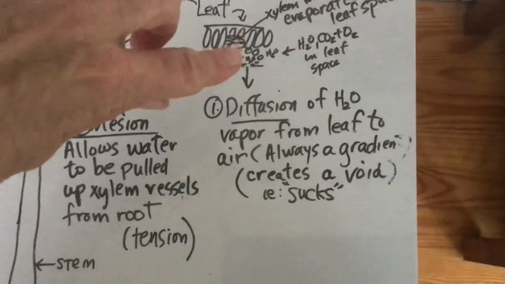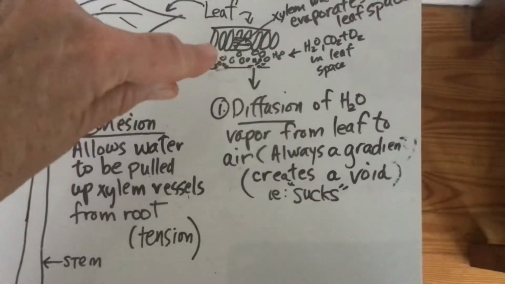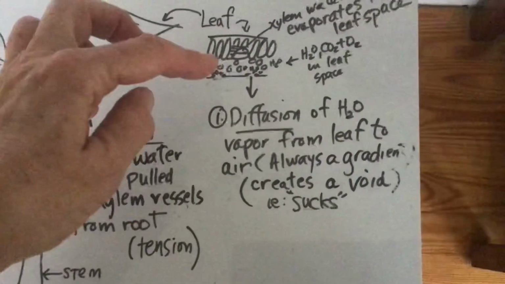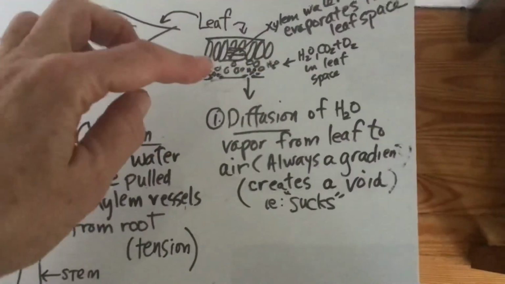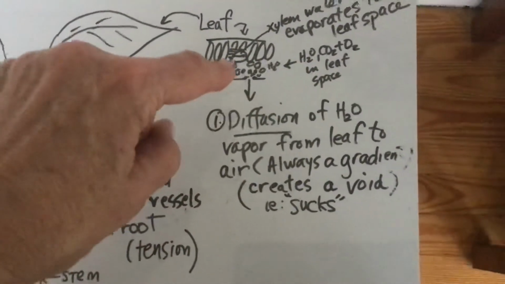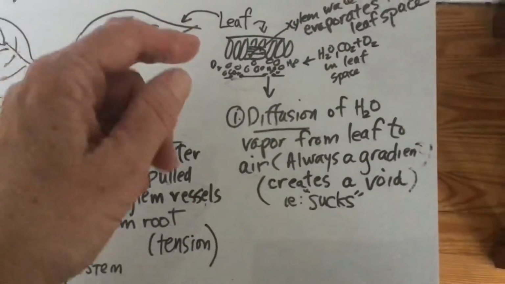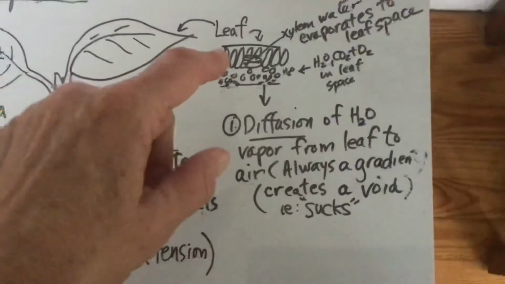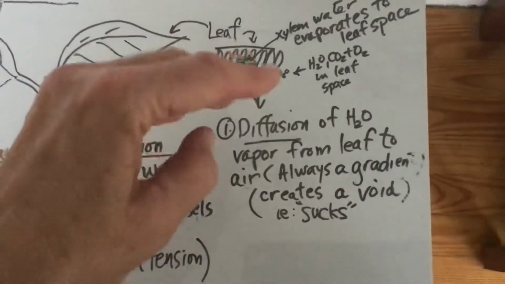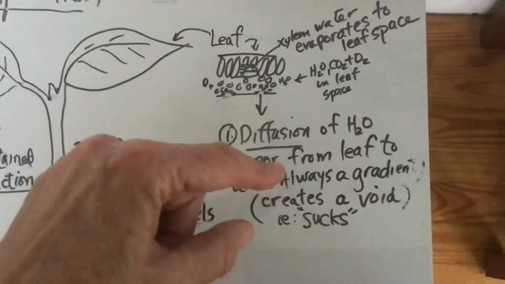There is always a lot more water within that leaf space because water is moving through the xylem. And so inside the leaf there's more water, let's say 80% or 90% water vapor in that leaf space, and 30% water outside, and so the water will have a diffusion gradient.